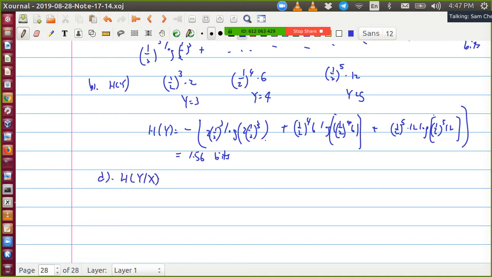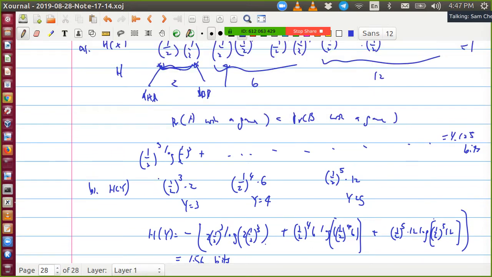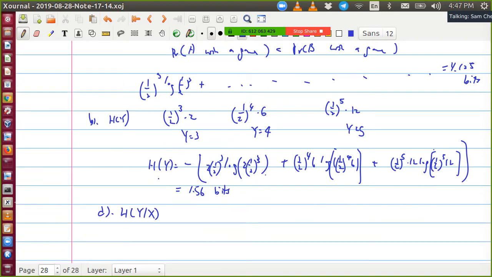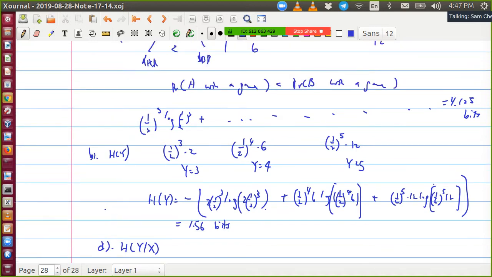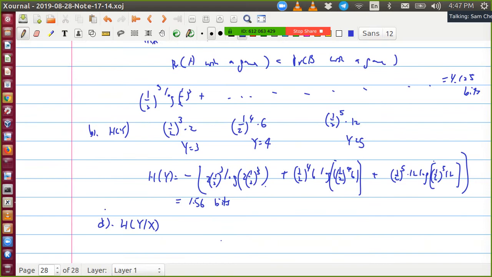So HY given X. What is HY given X? Oh, HXY minus HX. Yes, but in this case, what's HY given X, just for this particular problem?